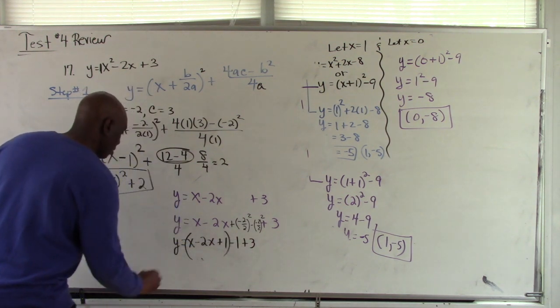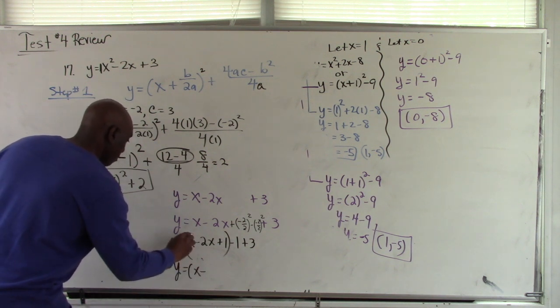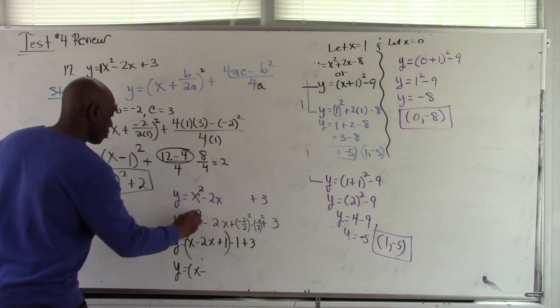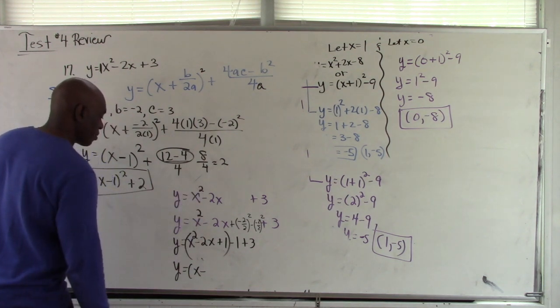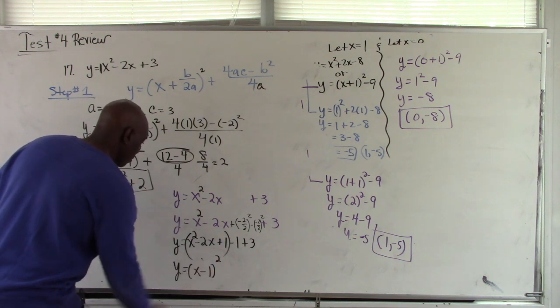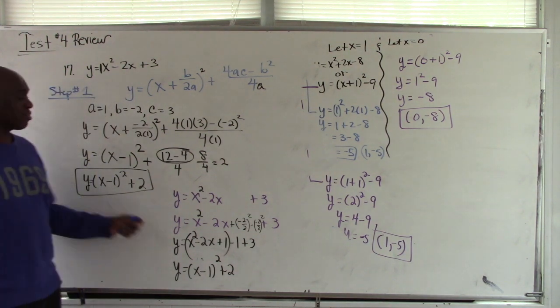Group this. That's going to give me y equals x minus 1 squared plus 2, which is the same thing I have right here. So you can do it either way.